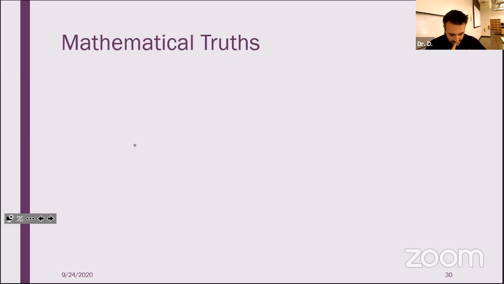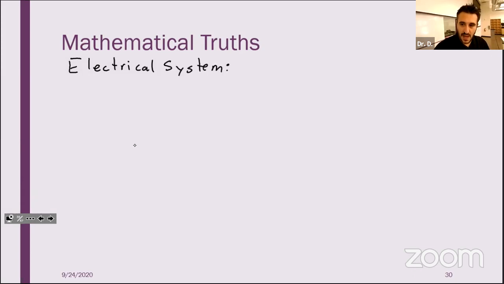So what about our truths, right? This is where we're going to separate them. I'm going to have my electrical system truths here. I think this is good practice to get into because you're going to isolate each one of these systems and then analyze each one. So what do we have? We know that we have some motor torque.